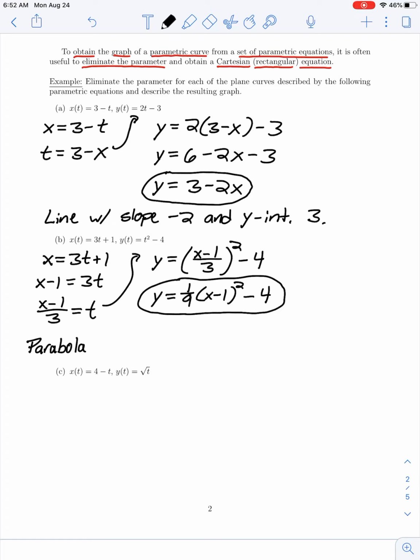And if we want to be a little more descriptive here, this is written in the standard form for the equation of a parabola. So we can see from this equation that its vertex is at (1, -4), and it's opening upward.